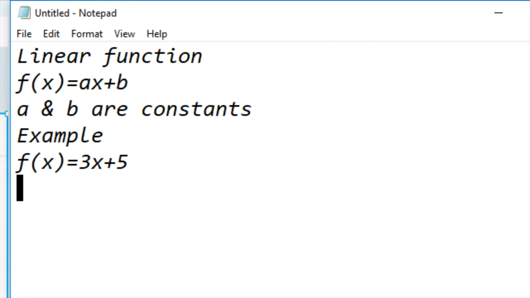For example, given f of x, you can determine x, or given x, you can determine f of x. Mathematically, f of x can mostly be represented in the Cartesian coordinate system as y.